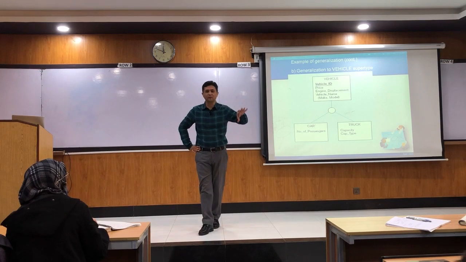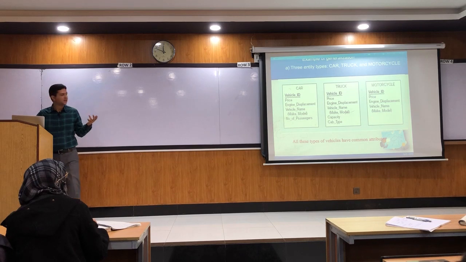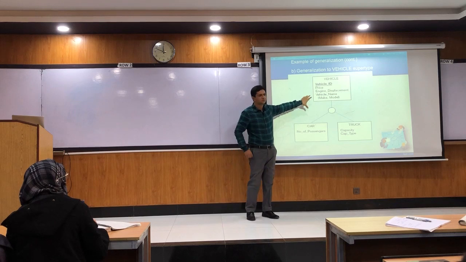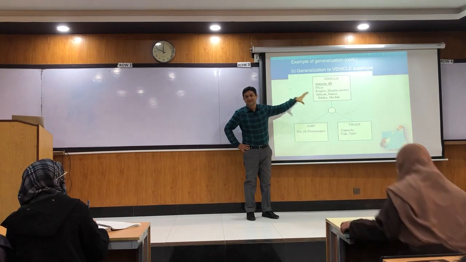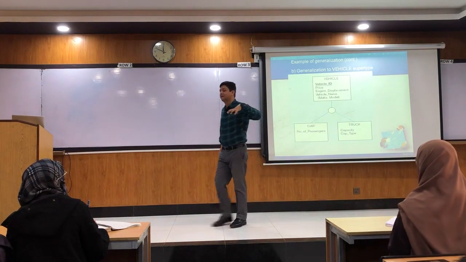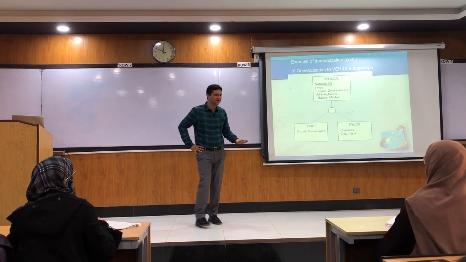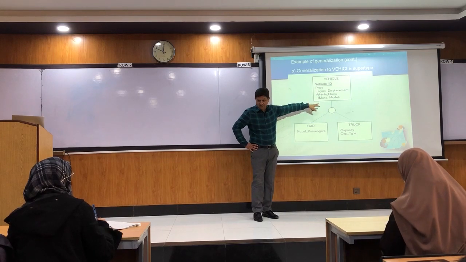According to the scenario, we had these three types, and now we have a generalized one. So here we have what? Partial specialization. Why? Because we have to accommodate motorbike, right? So motorbike would be accommodated with the help of an instance of vehicle.